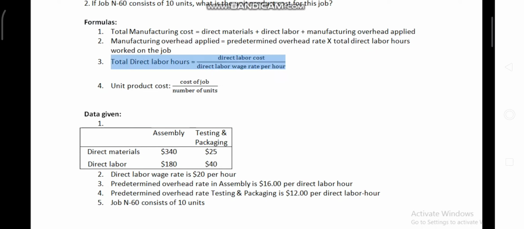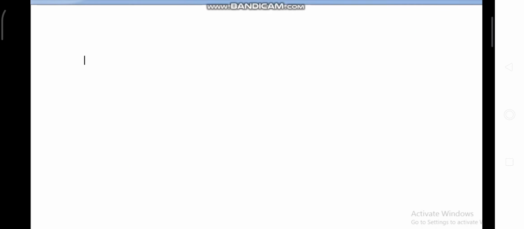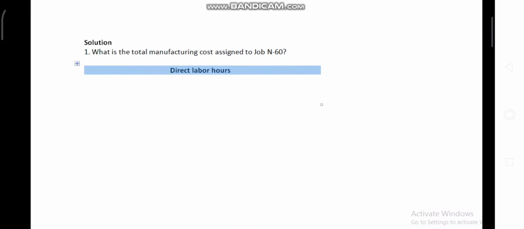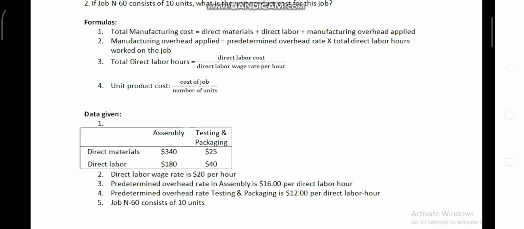First, I'm going to solve the total direct labor hours, that is direct labor cost divided by direct labor wage rate per hour. So the solution: direct labor cost for assembly department is $180 and for testing and packaging is $40. I'm going to list these two values.